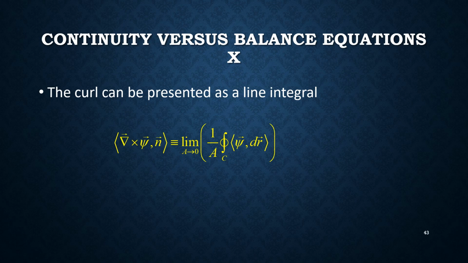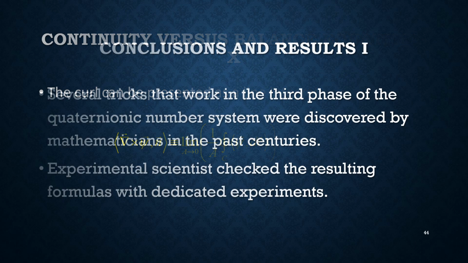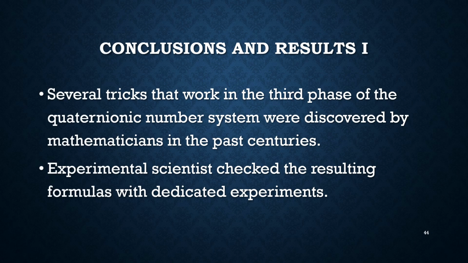The curl can be presented as a line integral. Several tricks that work in the third phase of the quaternionic number system were discovered by mathematicians in the past centuries.